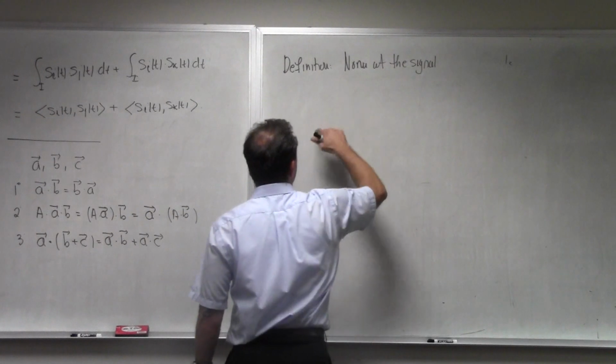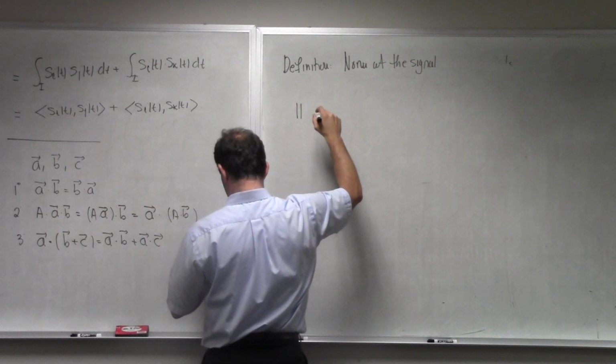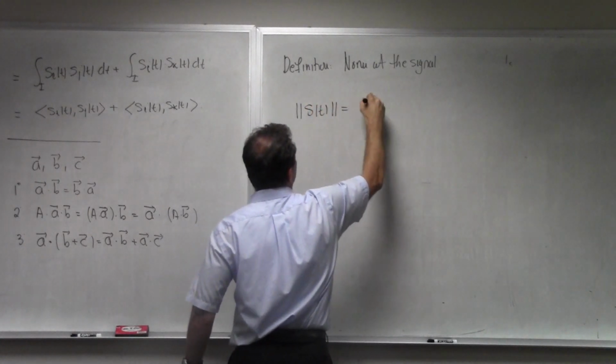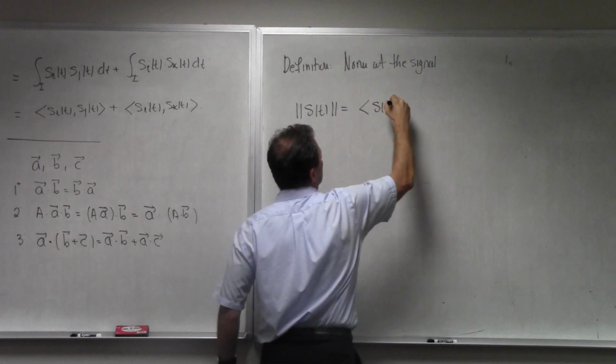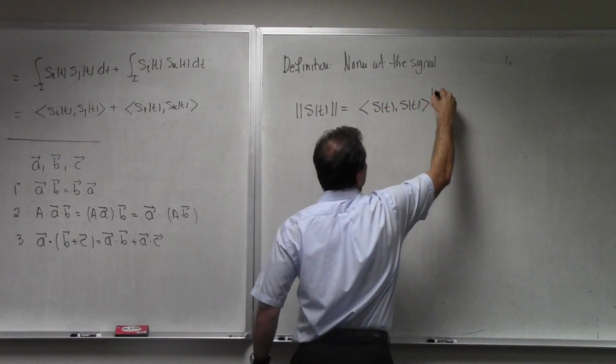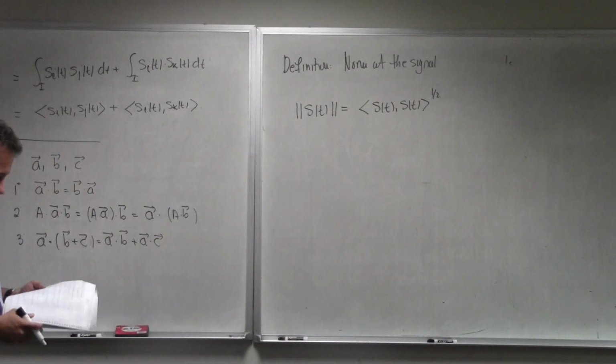So I'm going to define a norm of a signal. I'm going to say the norm of the signal S of t is defined as S of t in dot product with itself, taking the square root of that.